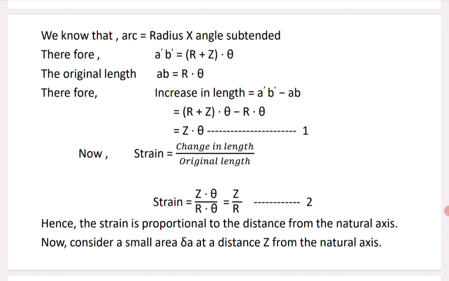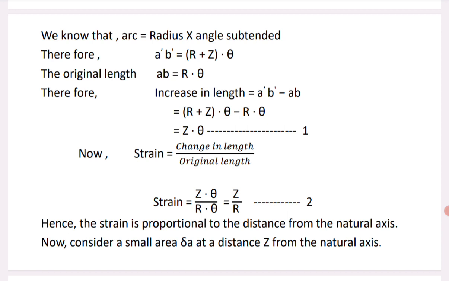Then the increase in length is A dash B dash minus AB. Substituting the values, we get R plus Z times theta minus R theta. After simplification, R plus Z times theta can be written as R theta plus Z theta, minus R theta, where R theta cancel each other. Then the increase in length is equal to Z times theta. Let this be equation number 1.